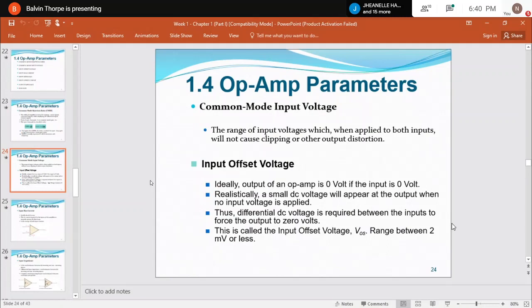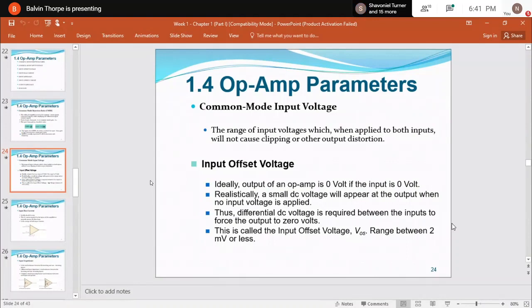So one way of making the output voltage 0 is to force the input voltage to be 0, because remember, you don't have any input voltage initially. So we're offsetting, that is the input offset voltage. We're putting a voltage at the input to make sure that when we measure the output, that output voltage is really 0.